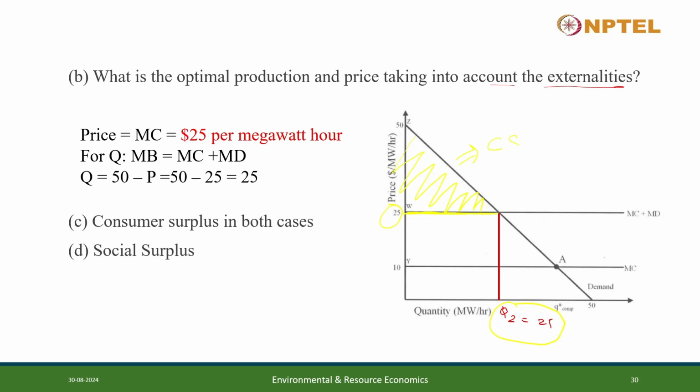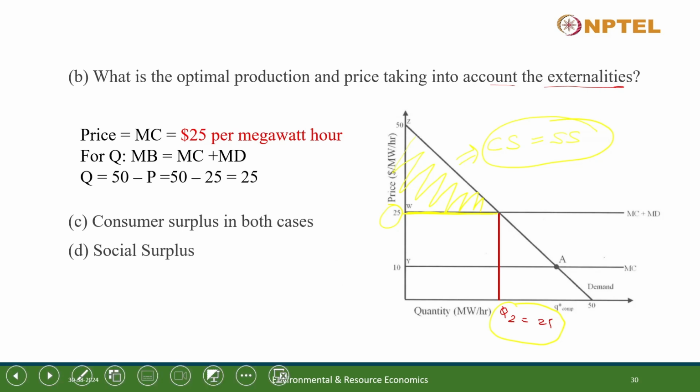So in this case, consumer surplus will be equal to social surplus. Is it clear? Anyone?